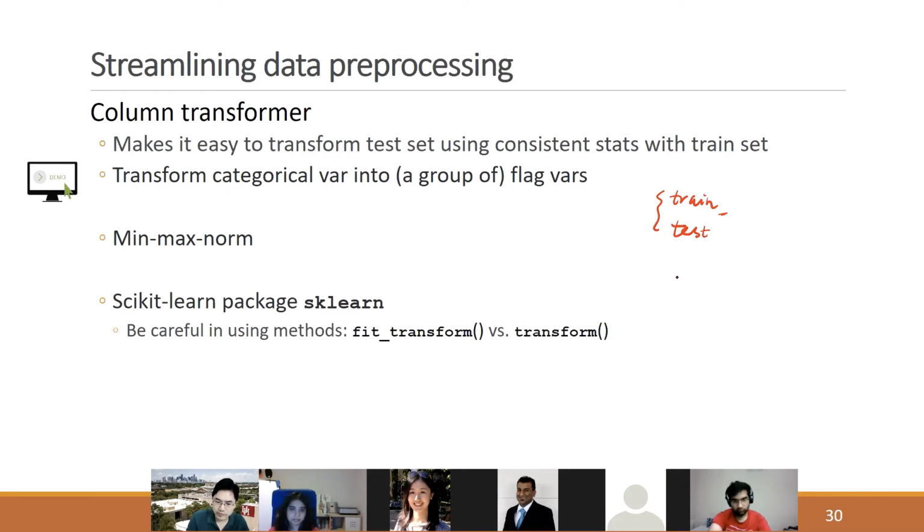Remember that so far for the homework, we did mostly two conversions. One is for categorical variables: you create the flag variables and use the k-1 rule, discarding one of the labels. Every categorical variable will be converted to a bunch of flag variables.